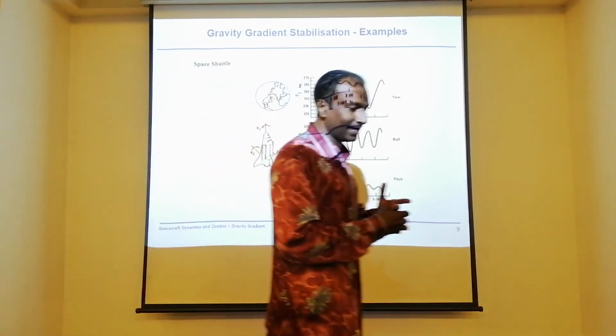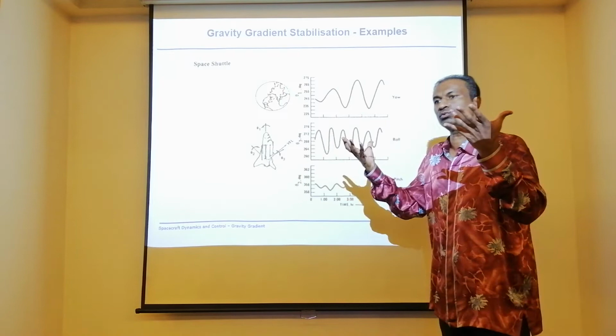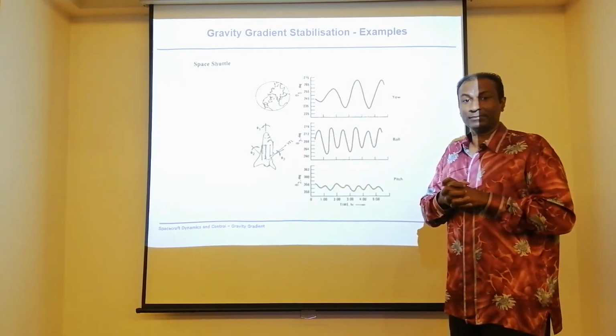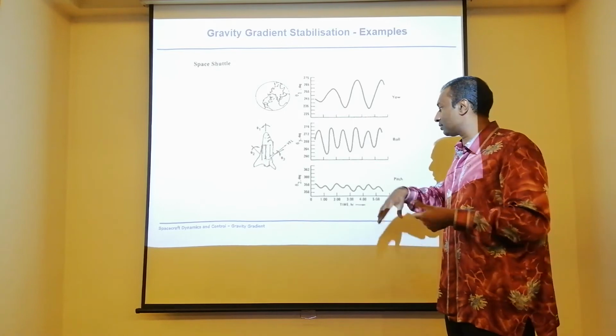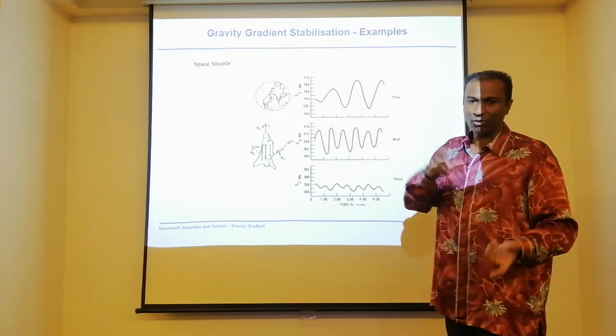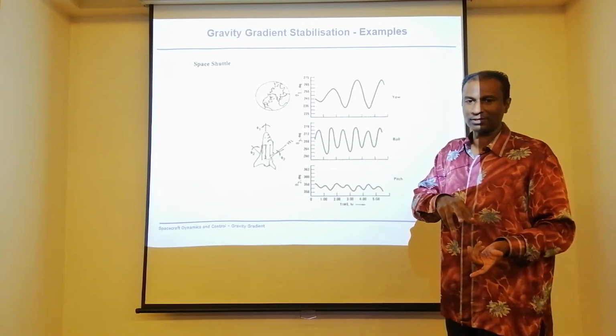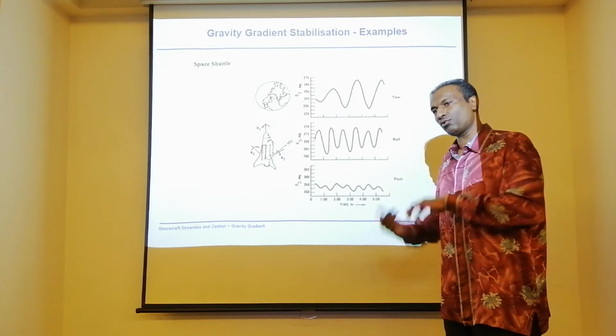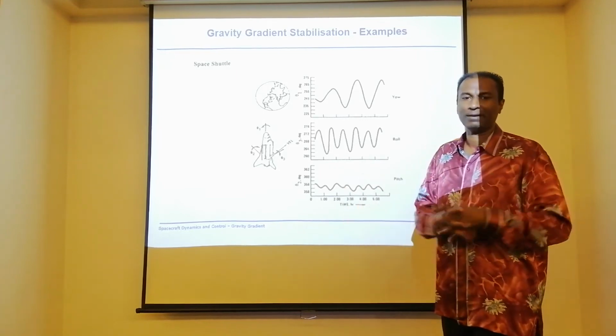So the reason is that these two axes are coupled, vice versa. A roll disturbance can appear as a yaw disturbance. A yaw disturbance can appear as a roll disturbance. That is the reason they are coupled.